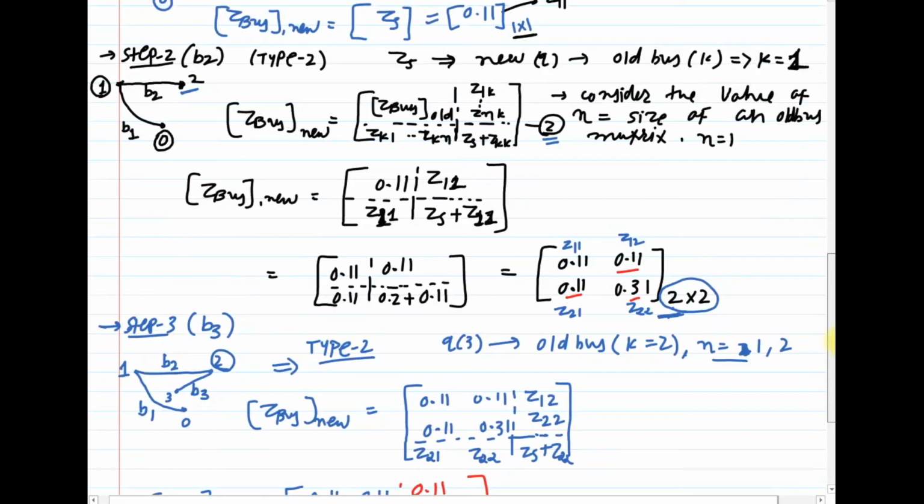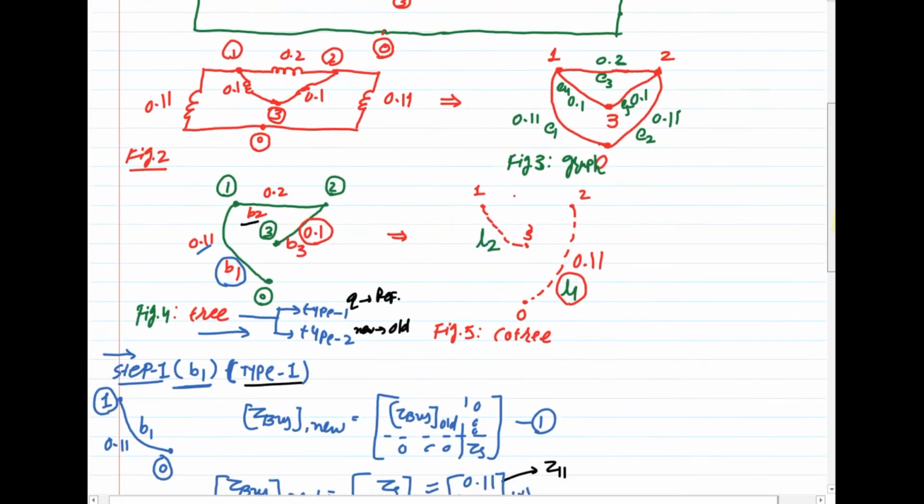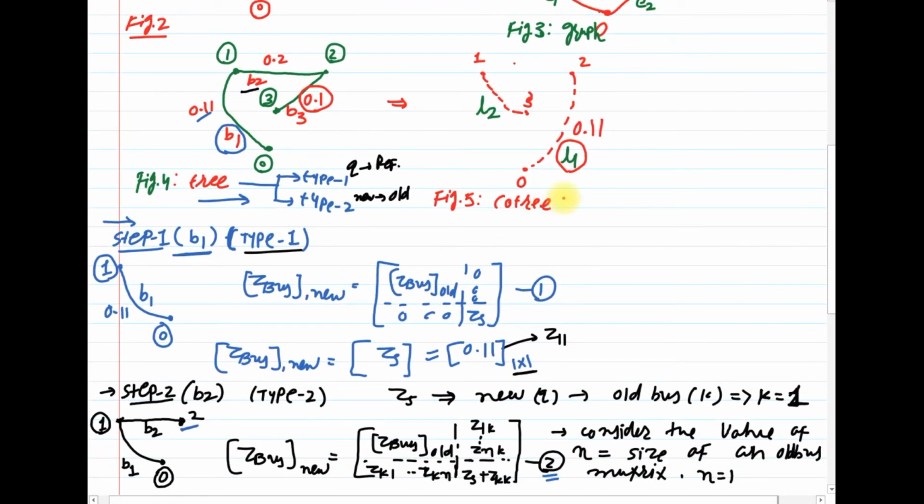One more thing, for the addition of co-tree link, we have to apply the type 3 and type 4 modification.